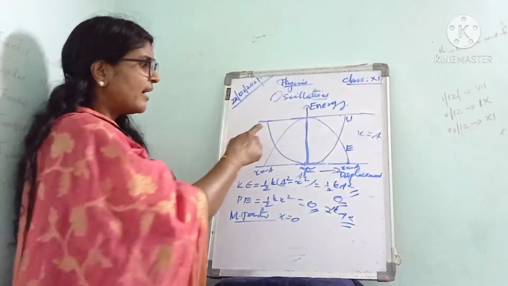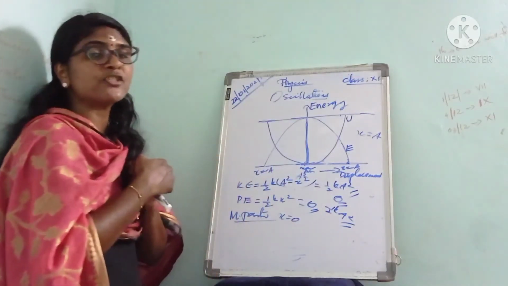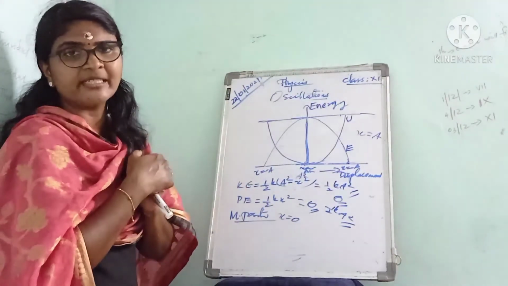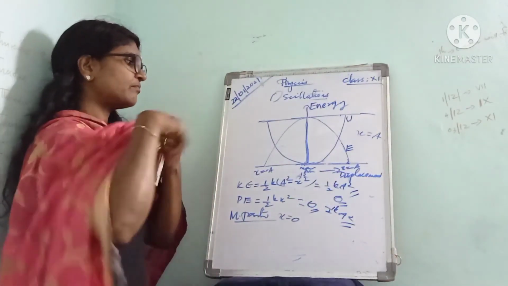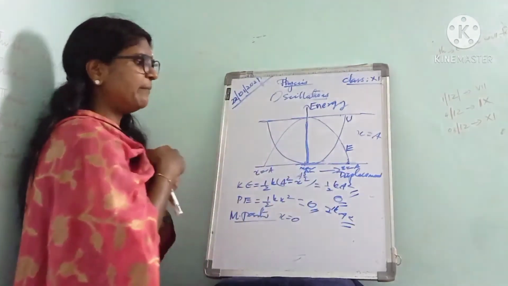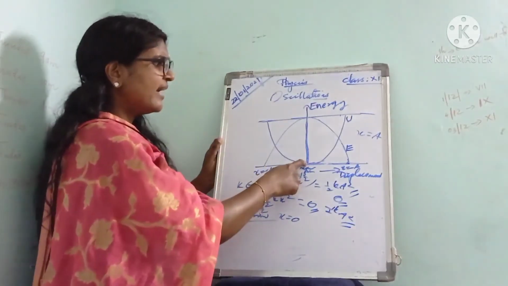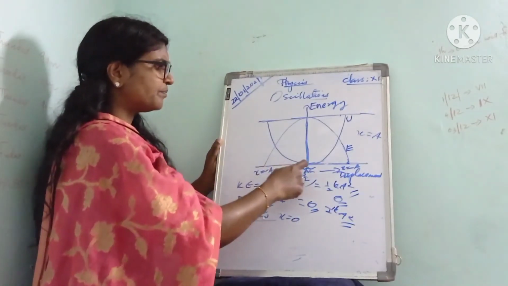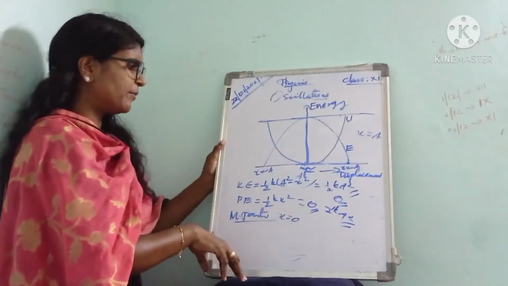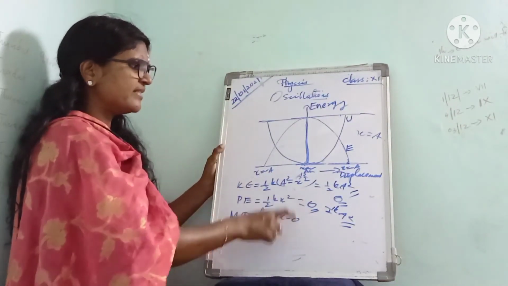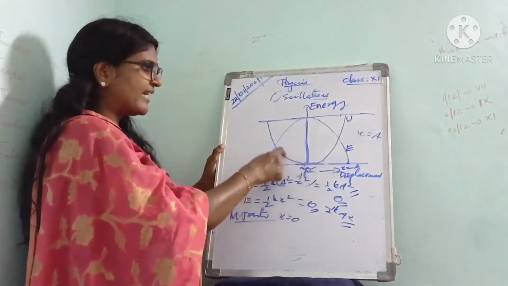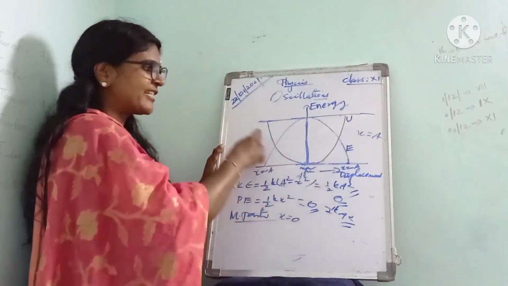Listen. This graph shows the variation of kinetic energy, potential energy and total energy with the displacement. This is the mean position. At the mean position, what about the potential energy? It is 0. This curve represents the variation of potential energy.